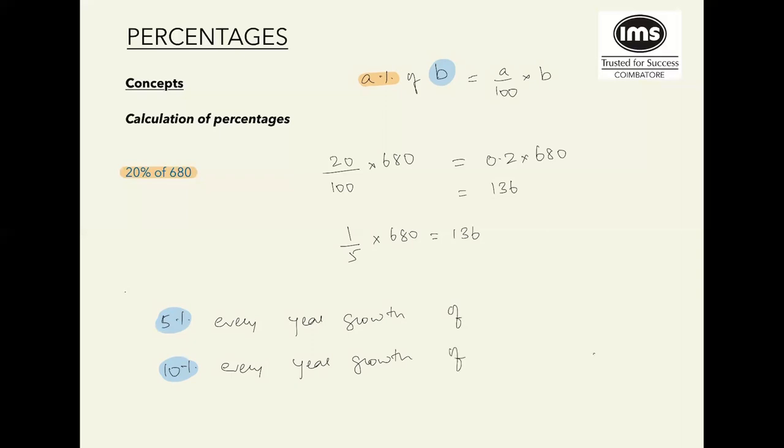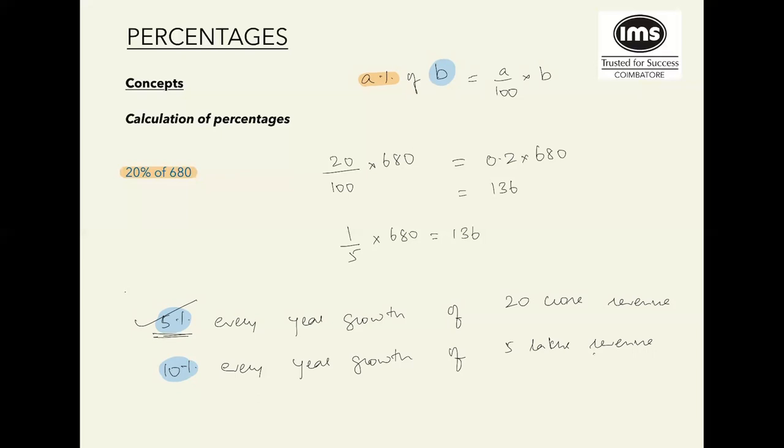So let's say this is a very small business. It's just 5 lakhs revenue on the previous year, right? And they say this is a 20 crore revenue. Now this has got higher growth in terms of value, right? When you take 5% of 20 crore and you take 10% of 5 lakhs, obviously this value is much higher.